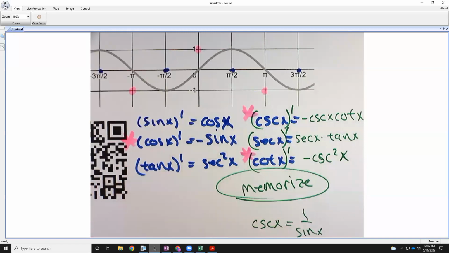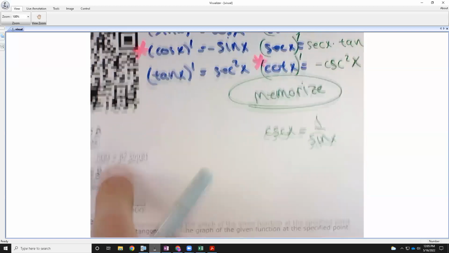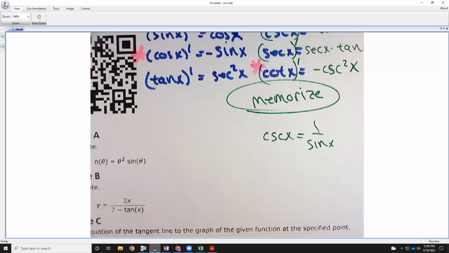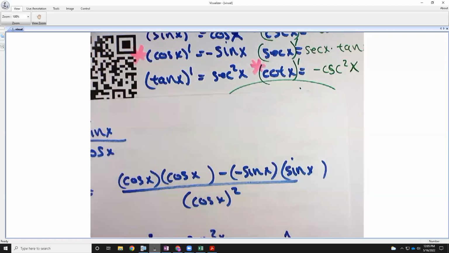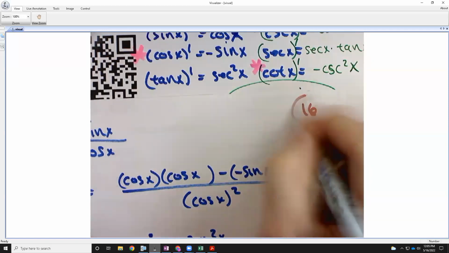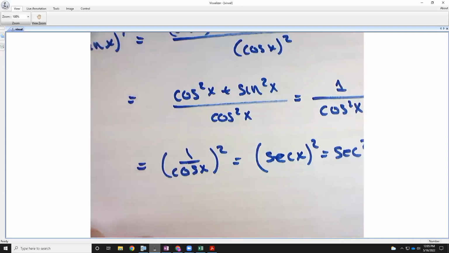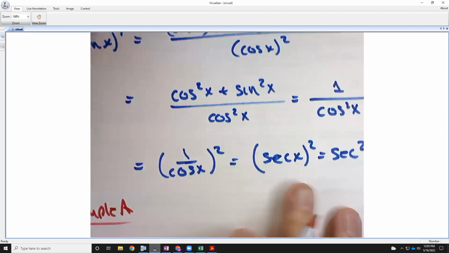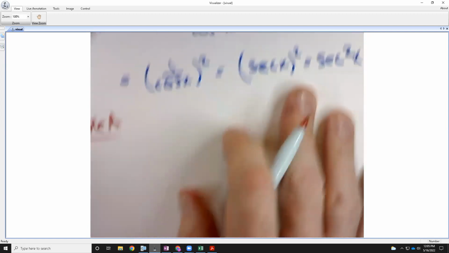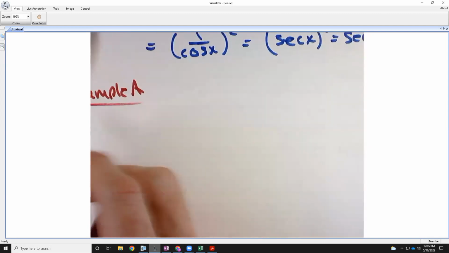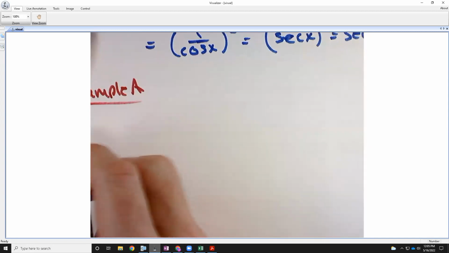All right, so let's take a look at some of these problems. Let's start out with example A, and I'm trying to think here. So let's just label this one 16. Example A. So the cool thing is that in teaching math, I've learned like tons of my Greek letters.